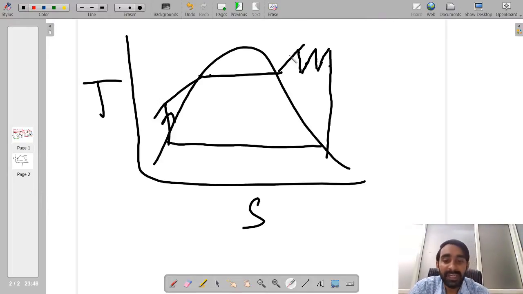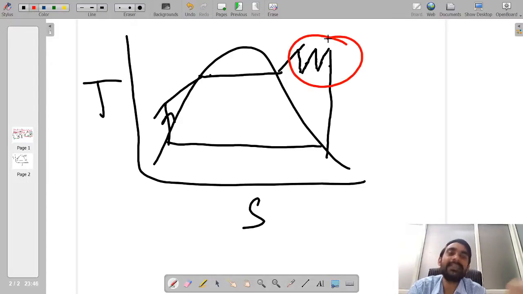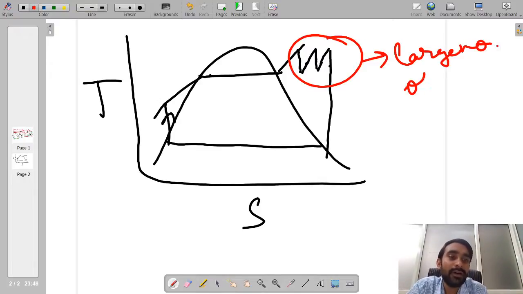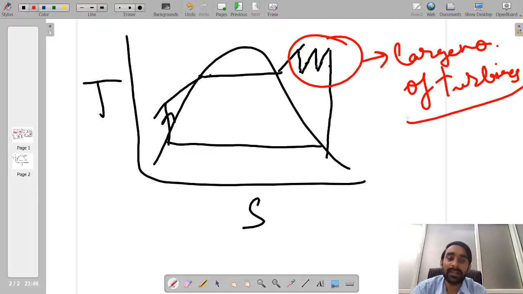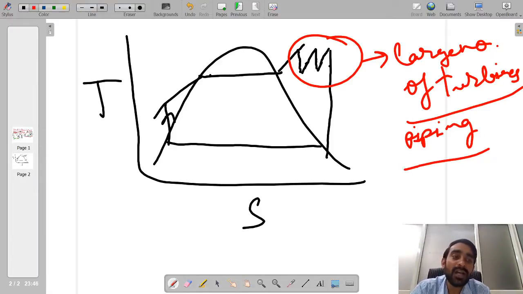However, from the practical point of view, in these large number of reheat stages, we will be having a large number of turbines. At the same point of time, we will be having a large number of piping arrangements in order to allow the steam once again to go to the boiler and then come back from the boiler to the next stage turbine.